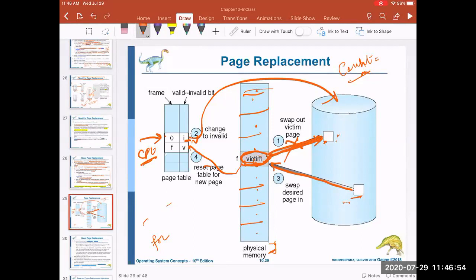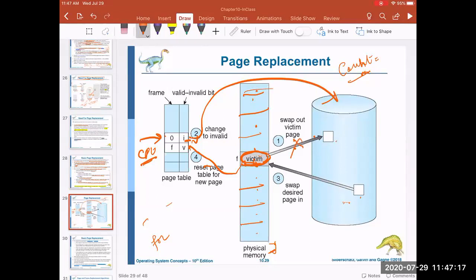So what would be the effect of this? We would reduce the swapping. IO would be reduced for us, because otherwise we are swapping out and then swapping in, so there are two steps. But if we can identify whether this frame is updated or not, we can reduce the swap out process.